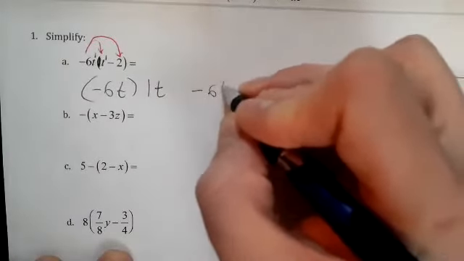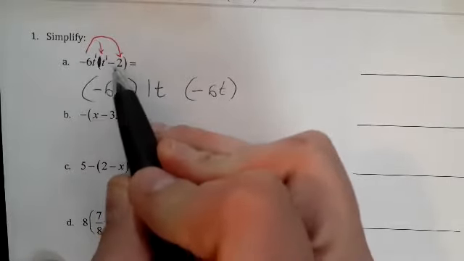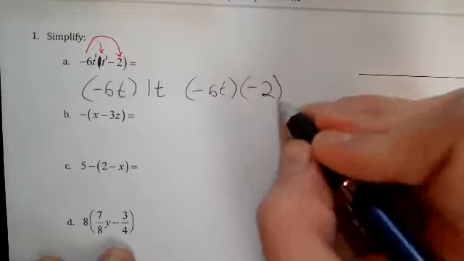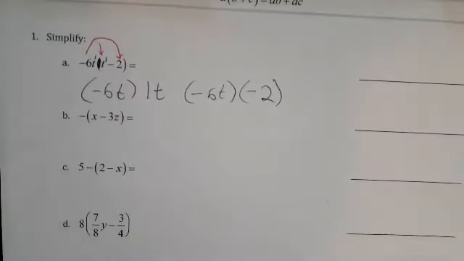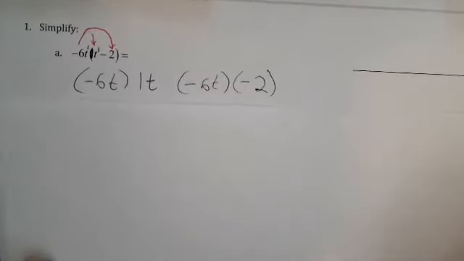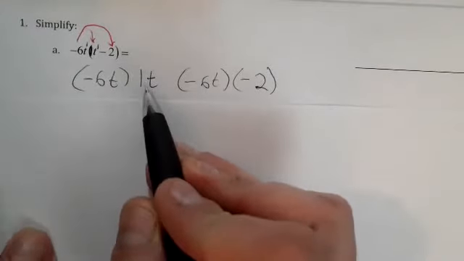And I also have another minus 6t, and the next thing I'm multiplying it by is this minus 2 here. And now I'm looking at this problem. So I have a minus 6t times a 1t.